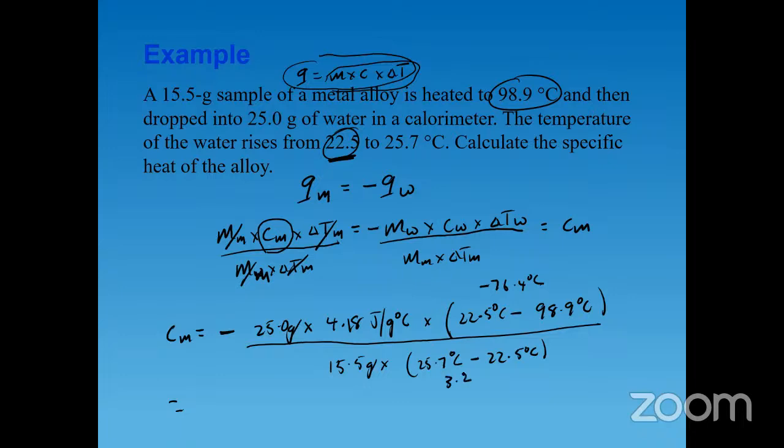And then I do the rest. So 25 times 4.18 times 76.4 minus, and then I divide that by 15.5, divide that by 3.2, and then I'll remove the minus sign. And according to my calculation, something is wrong here. Hold on, wait a minute. Something is wrong here, and I'm not sure.